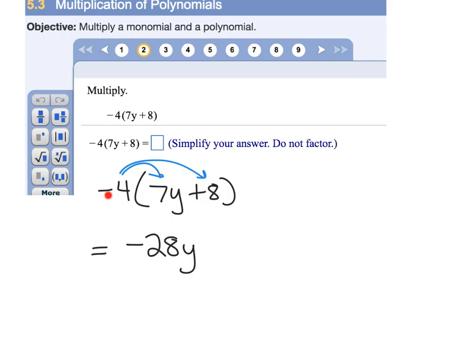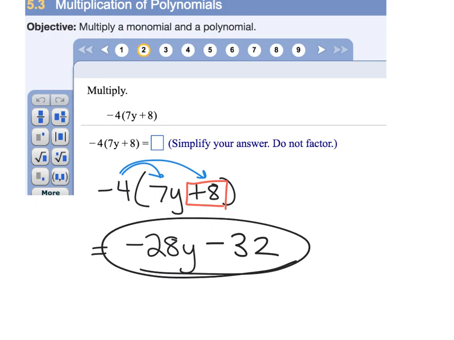Now here, the negative 4 is being multiplied by a positive 8. So that gives us negative 32. And that is our answer. Again, this is the tricky part right here, and I'm just going to keep focusing on that. So as you're marching through these problems, you're going to gradually understand this a little bit better.